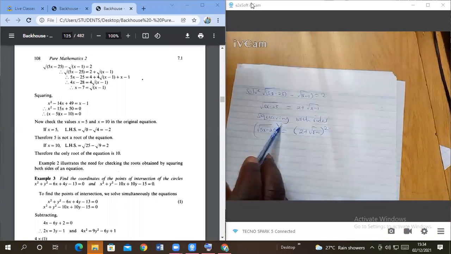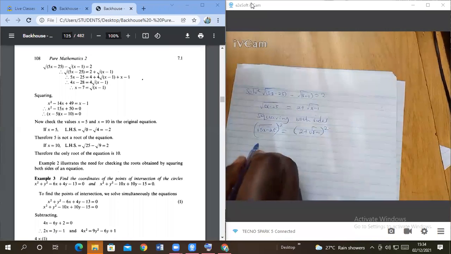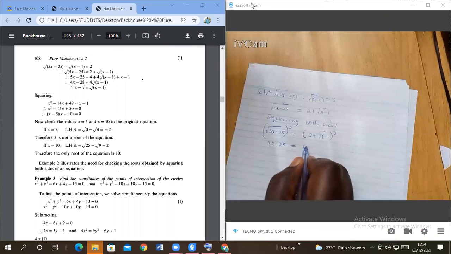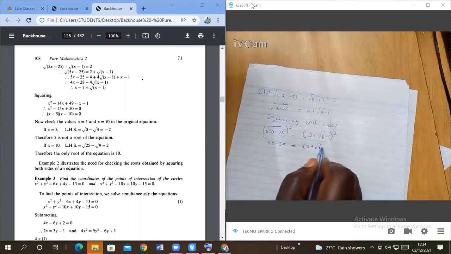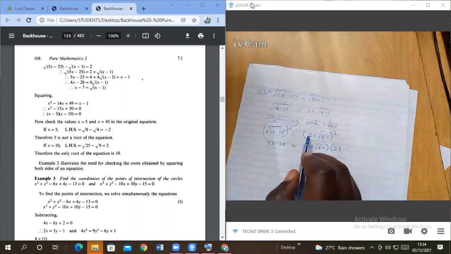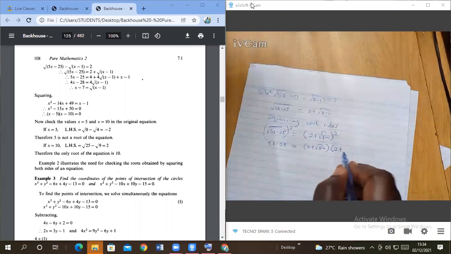Now the square goes with the square root symbol here, so that remains with 5x minus 25 is equal to, now this is the same as 2 plus root of x minus 1 multiplied by itself. Please don't just square individual terms and think you have squared. That is not right. Is it clear?